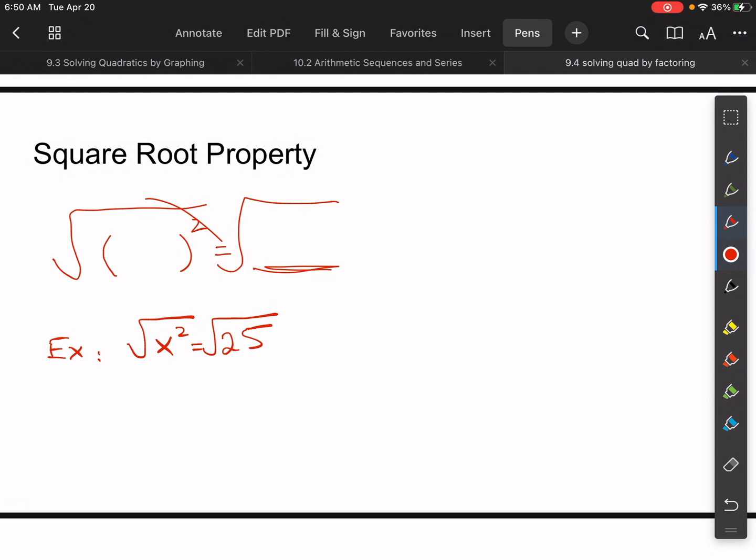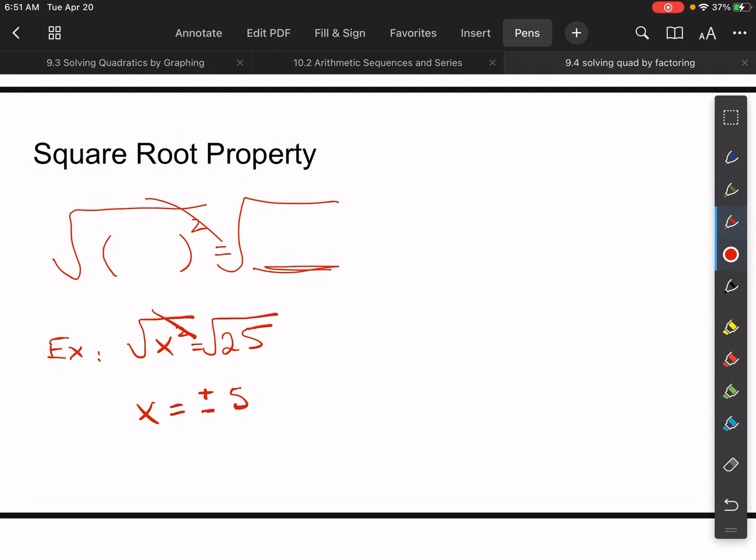The square root of a square just undoes that squaring, so I'm left with x on this side, which is what I'm always trying to do, get x by itself. But on this side I'm going to have two answers: both positive 5 and negative 5.